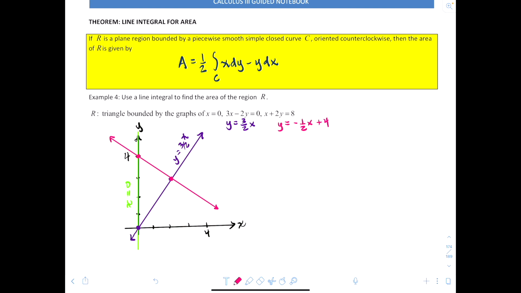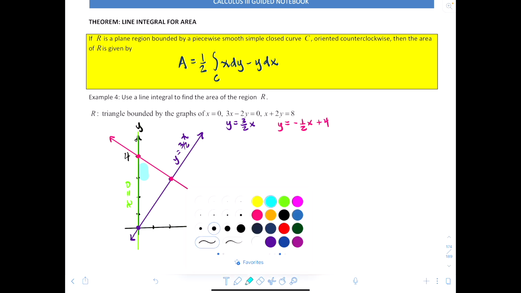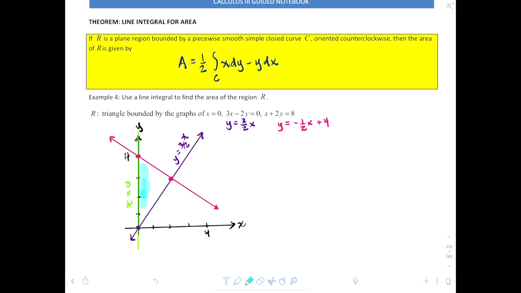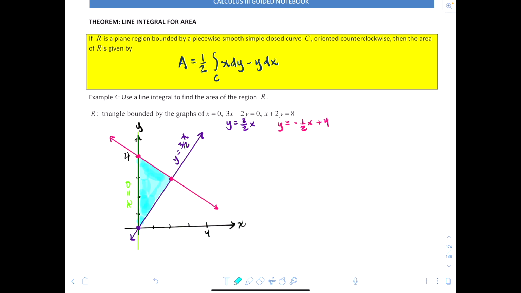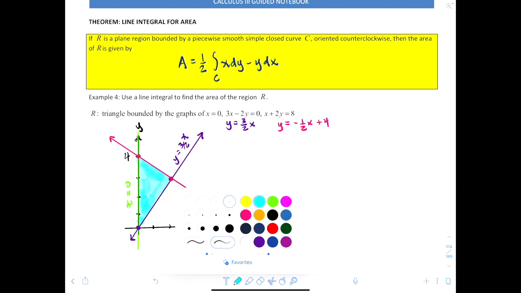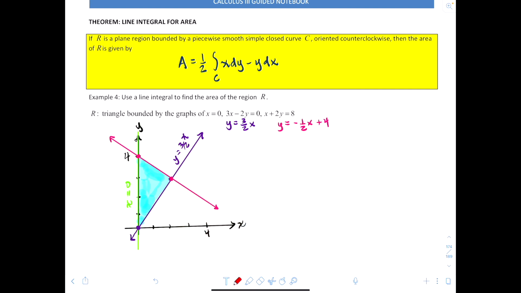So our little region is in here, and our orientation would end up going like this.